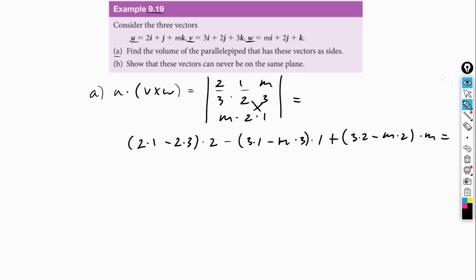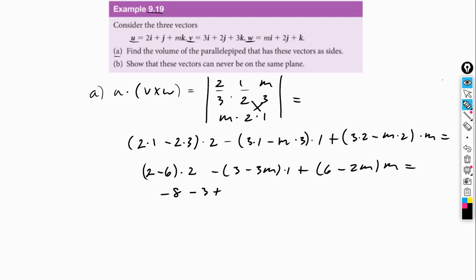And then from here, we're going to get 2 minus 6 times 2 minus 3 minus 3m times 1 plus 6 minus 2m times m. And then from here, we're going to get minus 8 minus 3 plus 3m plus 6m minus 2m squared.